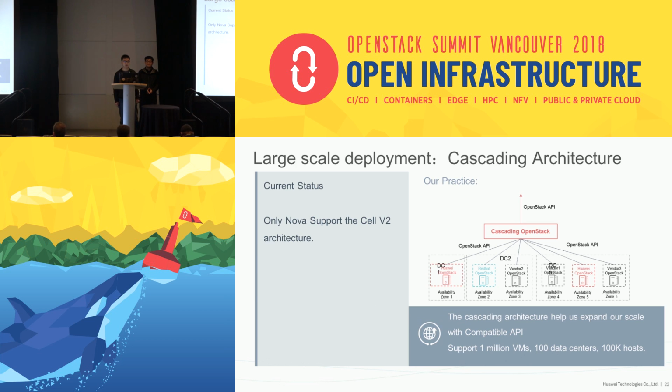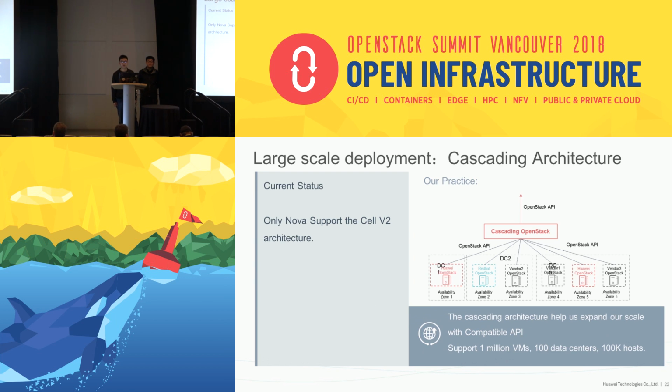As a public cloud operator and vendor, the most important thing for a successful public cloud is the scale. To be honest, there are some shortcomings in OpenStack's architecture for large-scale deployment, such as the database and the message queue, which could be the bottleneck. As mentioned earlier, the community is trying to solve this by introducing major features like placement and CellsV2.